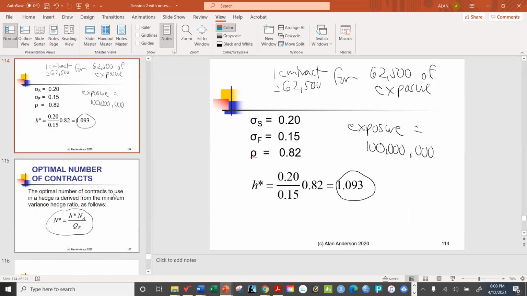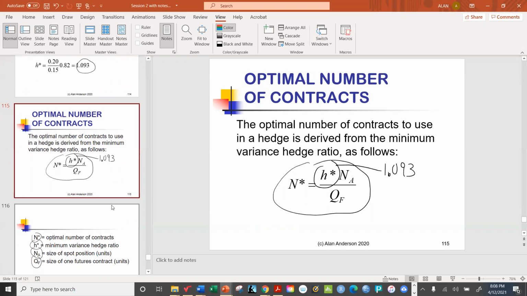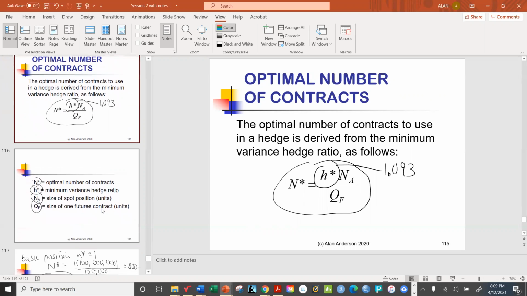Okay, so here the actual number of contracts comes from this formula. And if you notice, one of the inputs into this formula is in fact H star, which we've already determined to be 1.093. Okay, so what about the rest of the stuff? Well, NA is the size of the position that we're hedging.